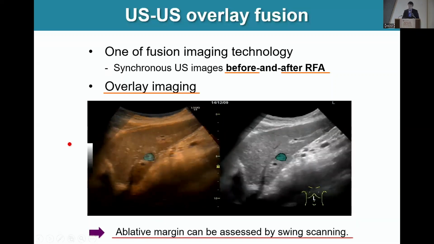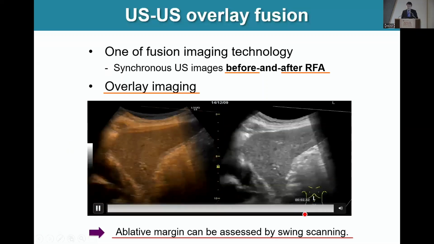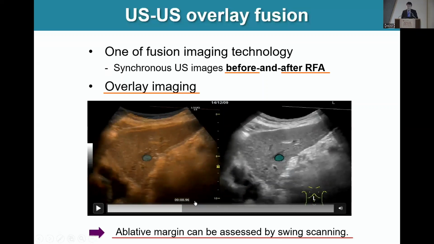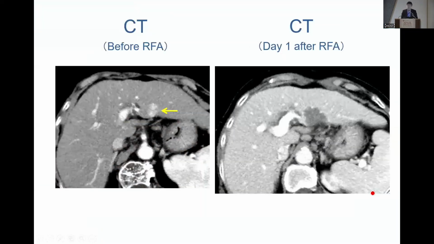So the ablative margin can be assessed three-dimensionally by swing scanning like this. You can see the CT image of this case; post-treatment CT shows successful ablation with enough margins.